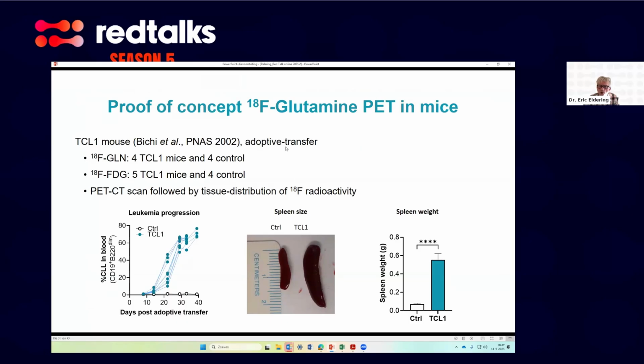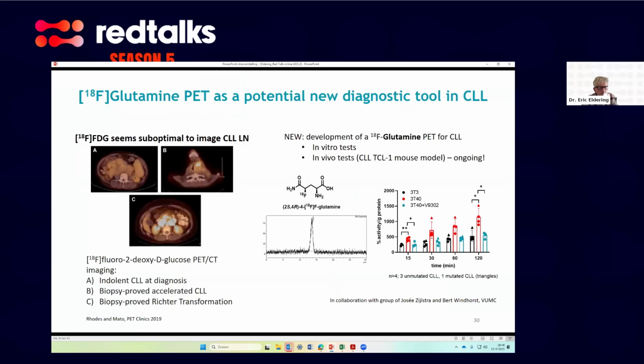We have TCL1 clones in the freezer, we inject them into mice, and then they have outgrowth of leukemic cells, as you can see over here, in a couple of weeks, instead of the months to a year it takes in the original TCL1 model. So you see the spleen size in the TCL1 cells and the spleen weight. This is all standard TCL1 leukemia.